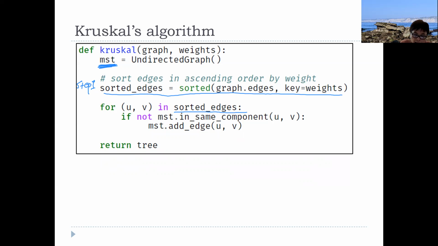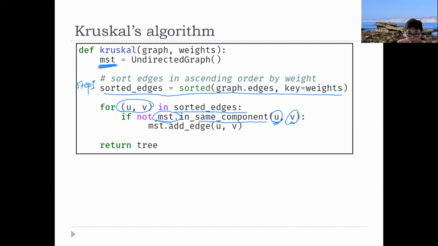Every time I have a new edge UV to inspect, what do I check? Are U and V already in the same connected component in this partial collection of edges I found for the minimal spanning tree already? If so, that means U and V are already connected in my output, so I shouldn't add this edge because it would form a cycle.